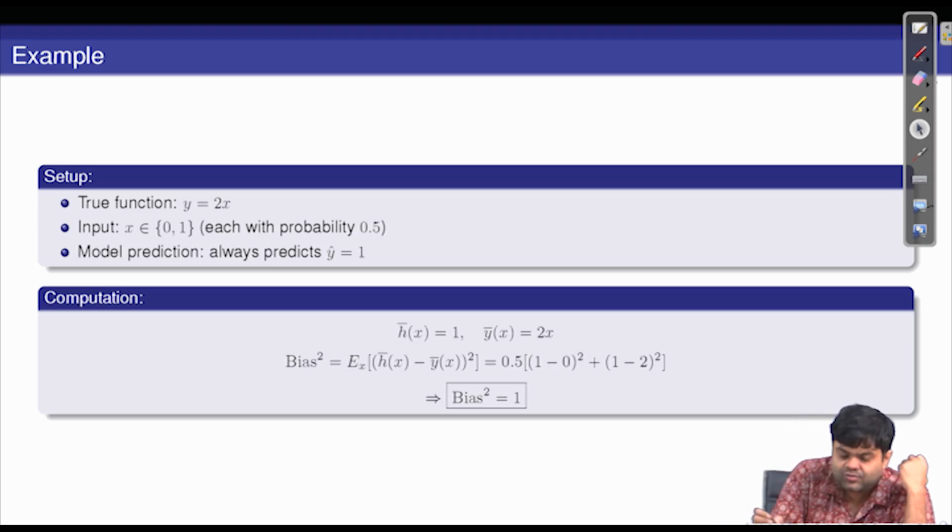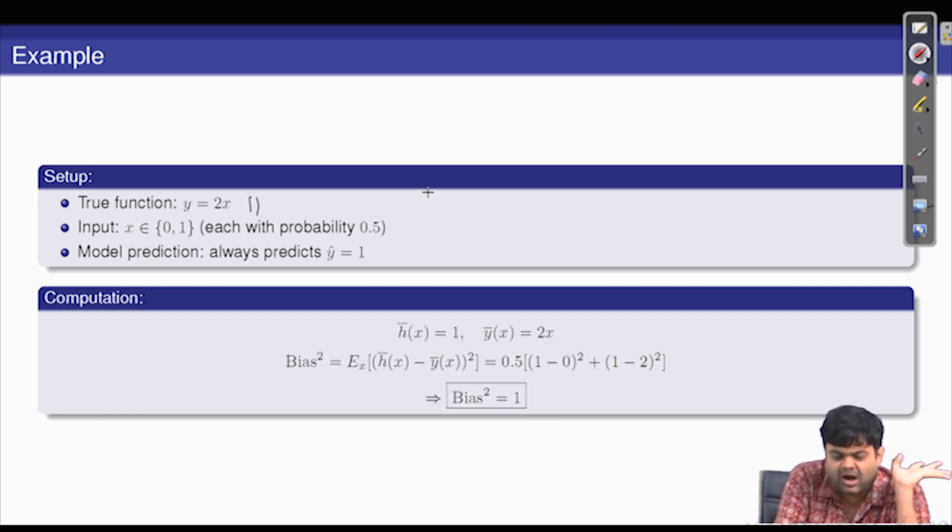So, suppose your true function is y = 2x. Suppose x has a distribution that takes values 0 and 1 with probability 0.5. And suppose the model always predicts y hat to be 1.